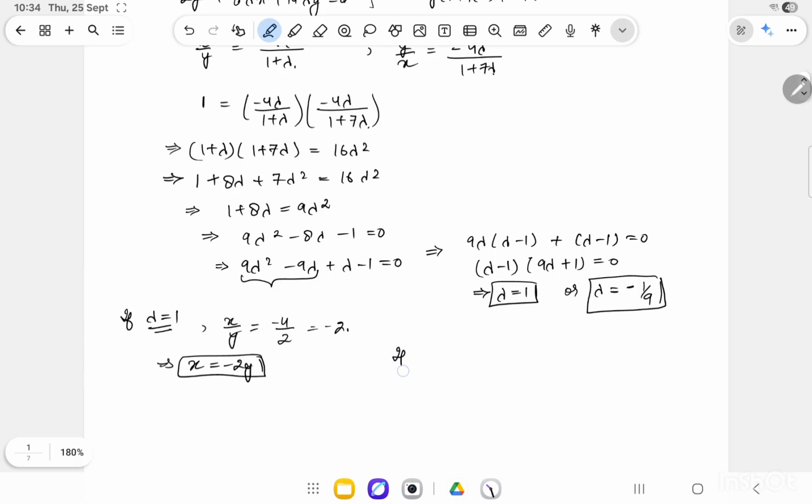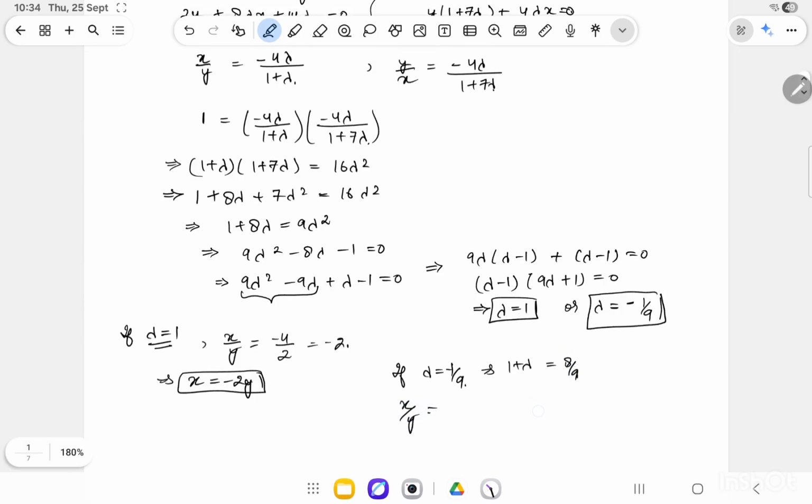Likewise, if lambda is minus 1 by 9, then 1 plus lambda will be 8 by 9. So x by y will be 4 by 9 divided by 8 by 9. That basically gives us 1 by 2. So from here 2x equals y.